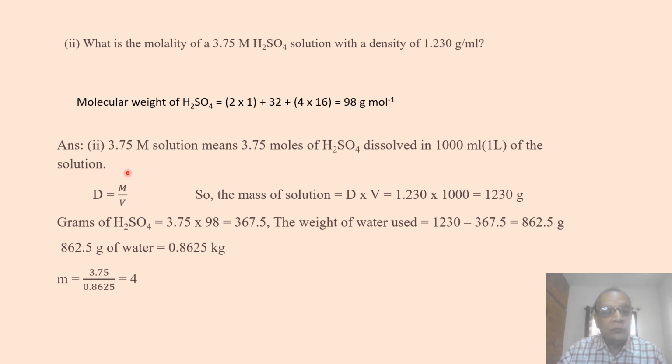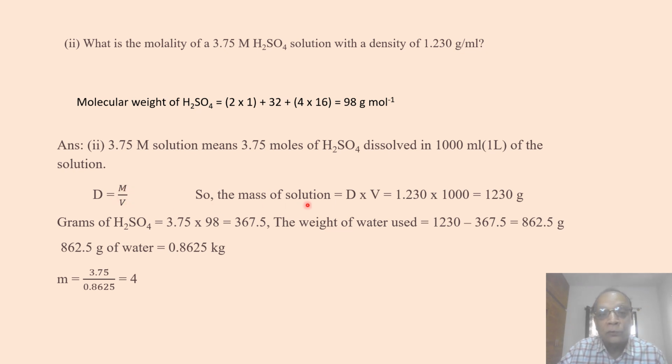Now the way we arrive at the answer is as follows. 3.75 M solution means 3.75 moles of H2SO4 dissolved in 1000 ml or 1 liter of solution. D equals m by v, or ratio between mass and volume of the solution.